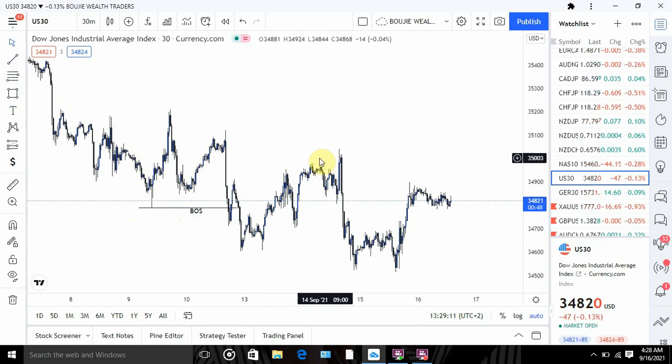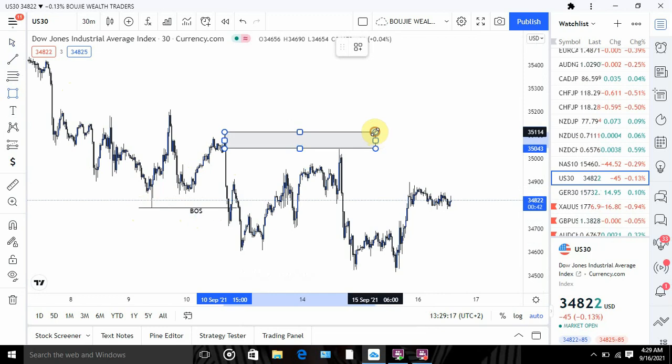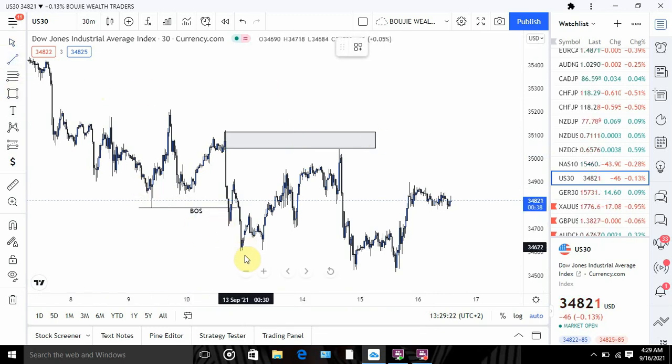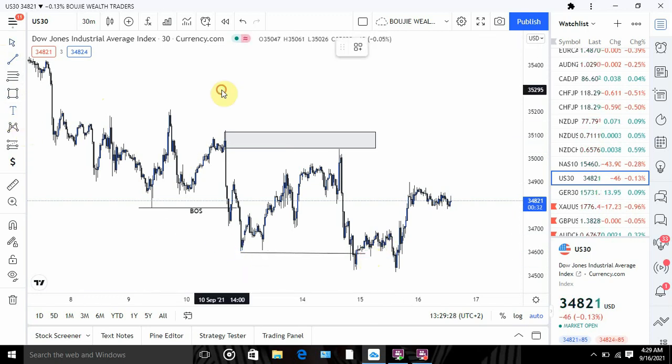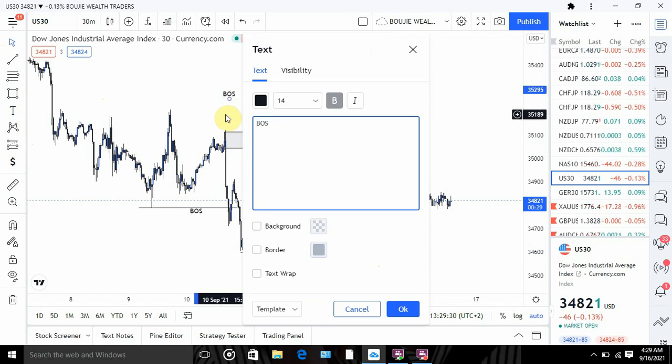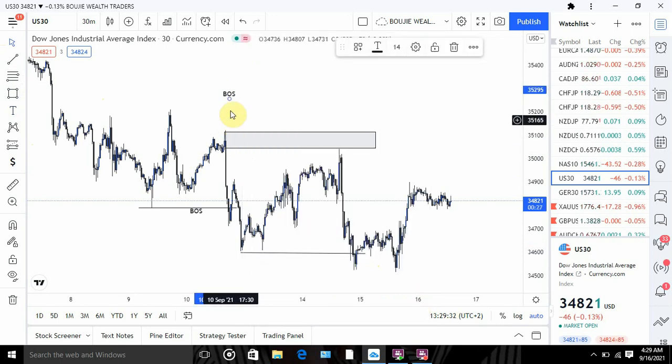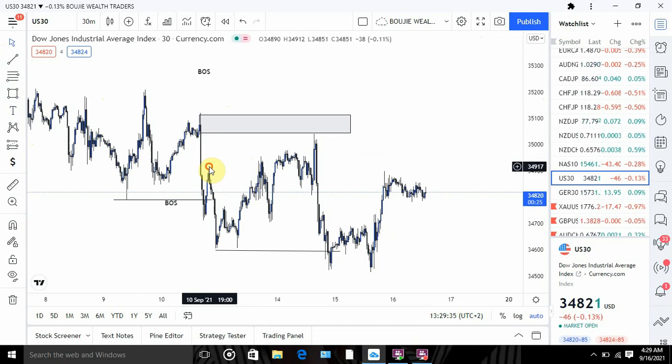Then after the break of structure, we came to this point of interest here. Then we created what? We broke this new low here. This is our break of structure. We broke this market structure to create another new low.